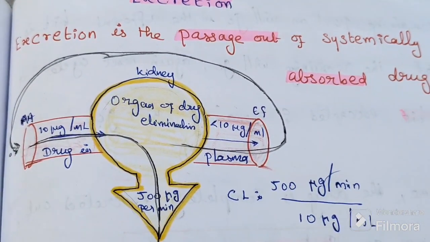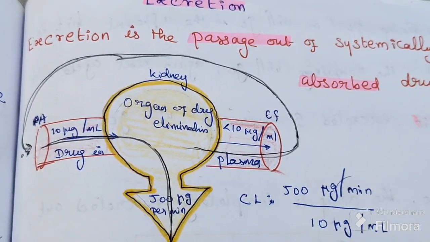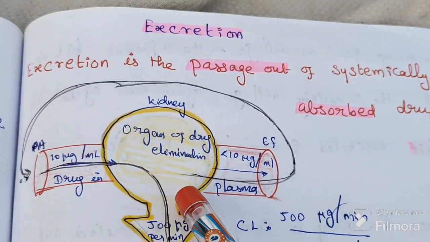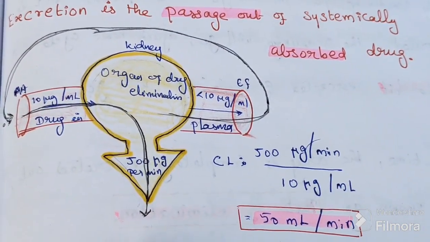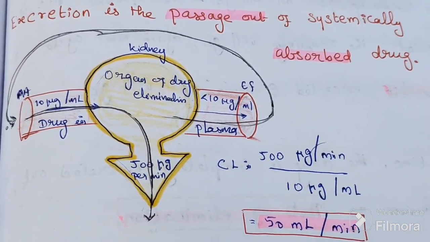So this is known as rate of elimination. The drugs go through so many cycles, and after that all the drugs are excreted in the form of urine.